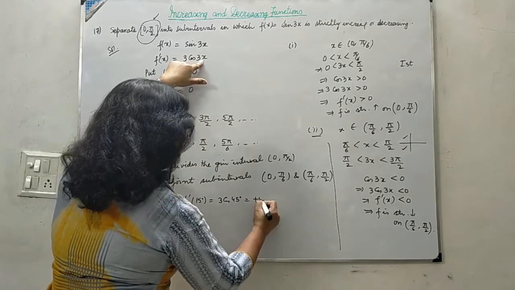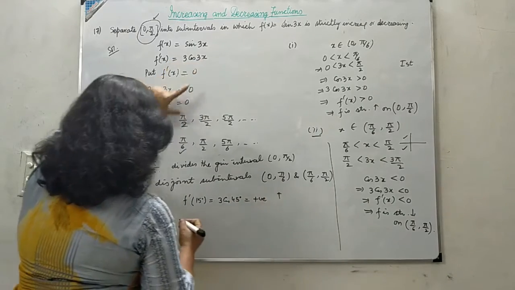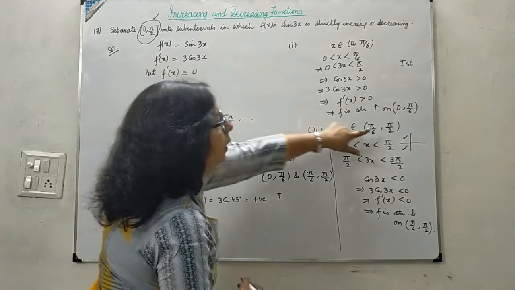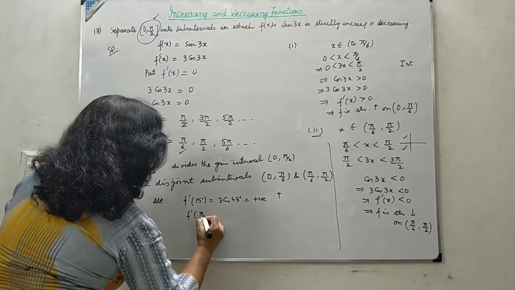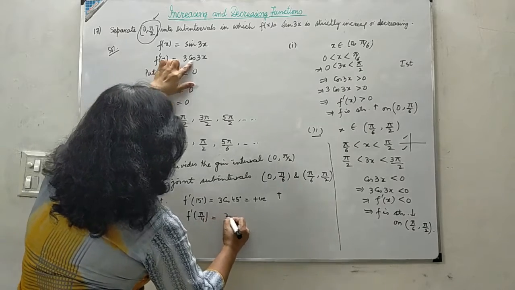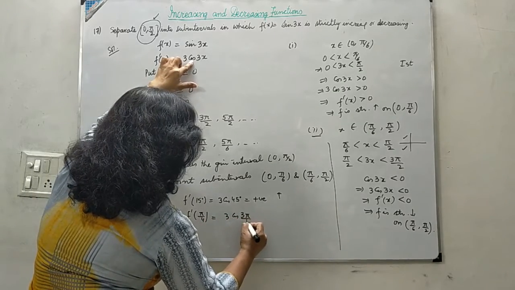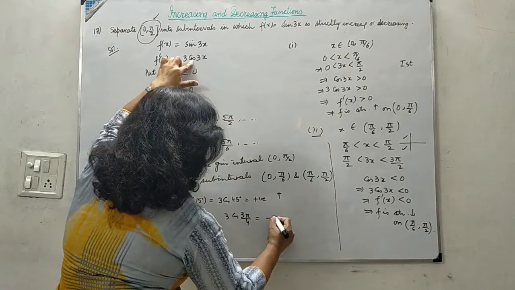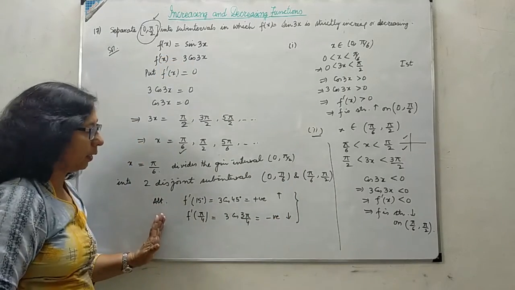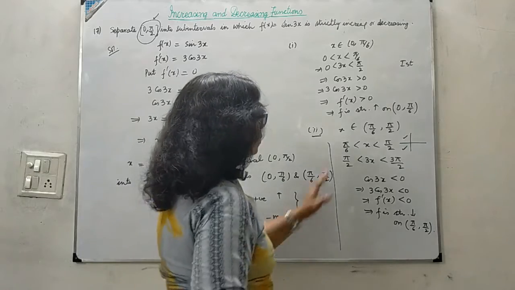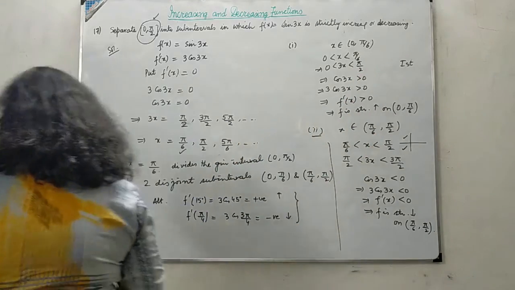So this is positive, therefore the function is increasing. And if I take any point over here, say 45 degrees, f'(pi by 4) will be 3 times cos 3 pi by 4. In the second quadrant this is negative, so it is decreasing. This is an alternative way to find any value and check for plus minus, and this way also you can proceed.